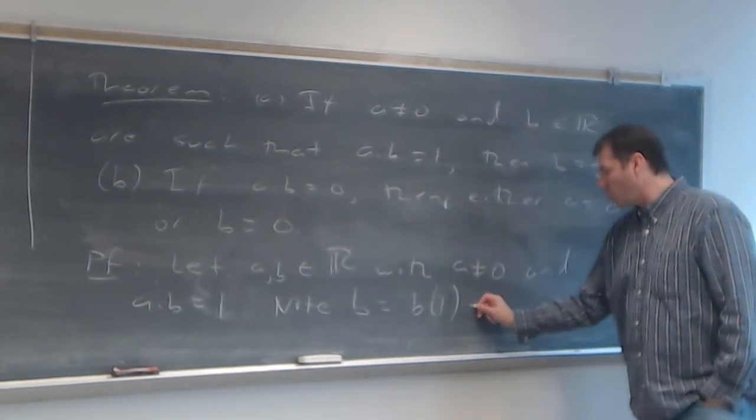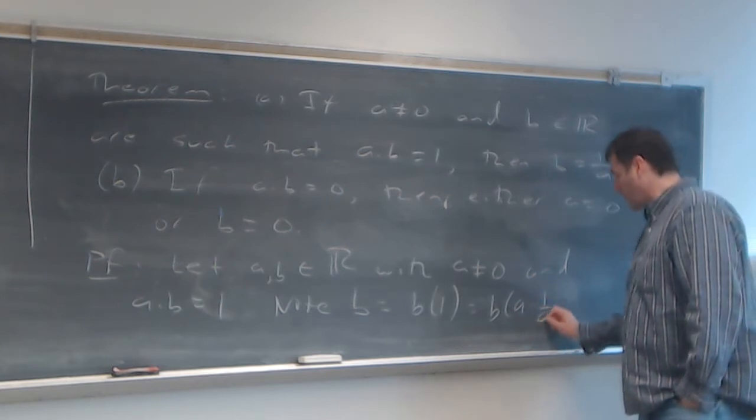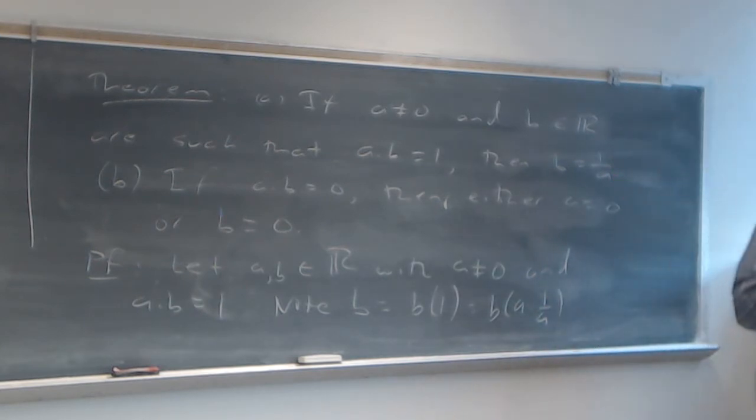So I can rewrite 1 as A times 1 over A. I can't do that for every number, but I can do it for almost every number. There's one number, 0, which I can't write down as a multiplicative inverse because it doesn't have one. But I know A is not 0. So that's what we have to do.